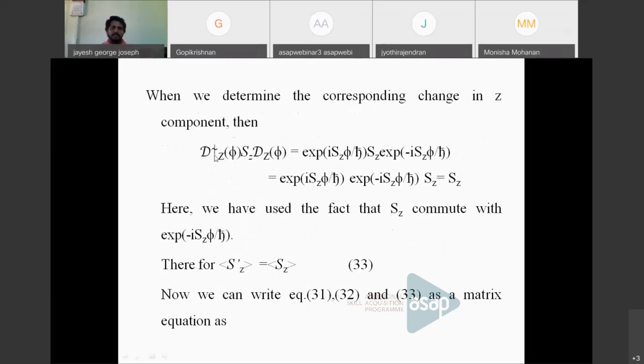Here the corresponding expression is written, with the exponential, and the exponent of Sz itself. And we have used this factor with it. Sz prime is this. These are the three components written in the form of a matrix like this.